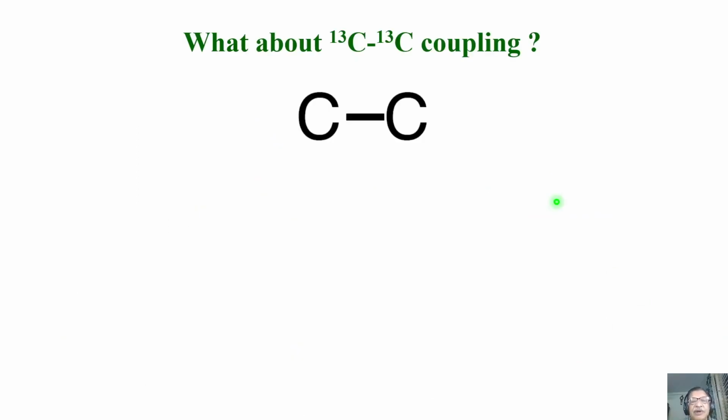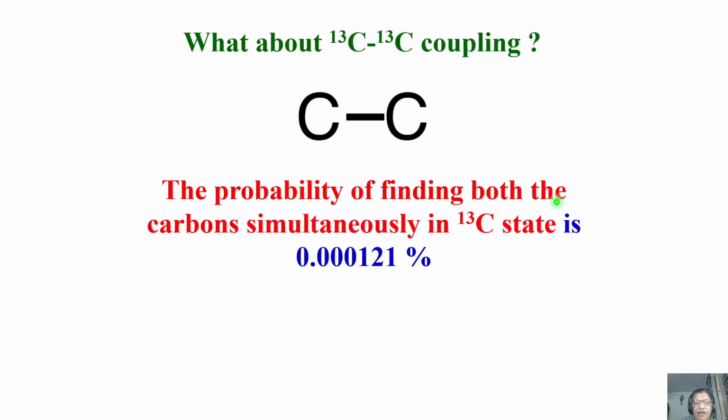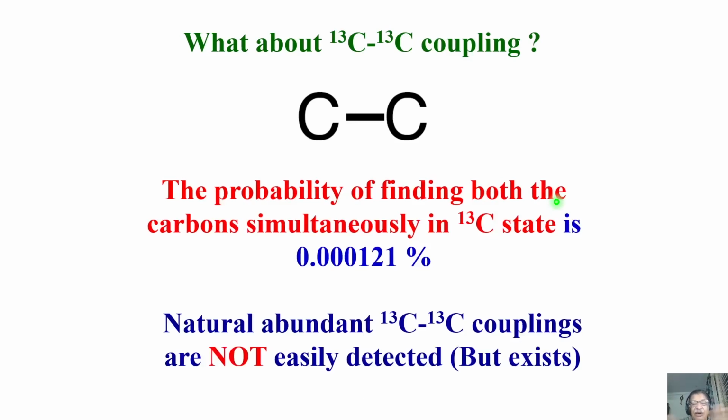Now the question is, what about the carbon 13 couplings? The probability of finding both of them is 1 in 10,000. You can ignore it. In natural abundance, carbon 13 couplings are not seen. But remember, for a molecule having carbon 13 in both positions simultaneously, in principle we may get the carbon 13 spectrum of that, but the probability of finding it is so low you can ignore it.